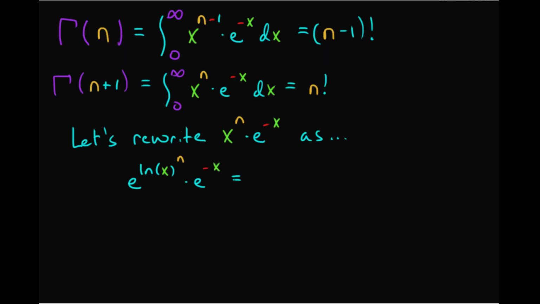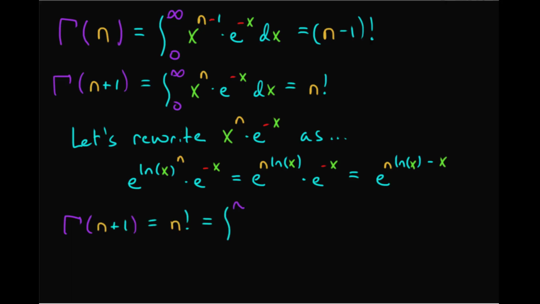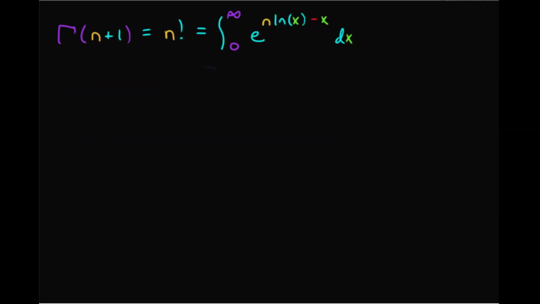I'm going to write everything in terms of base e, so this will become e to the log of x to the n times e to the negative x, which equals, by the laws of exponents, e to the n log x times e to the negative x, which equals e to the n log x minus x. Then we'll have gamma of n plus 1, which equals n factorial, equals the integral from 0 to infinity of e to the n log x minus x dx.